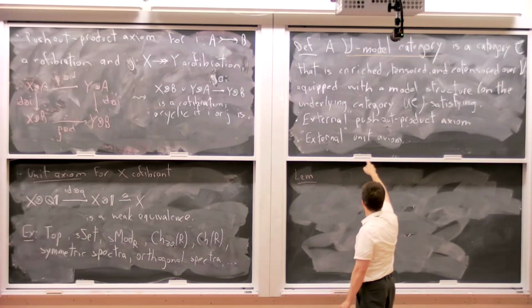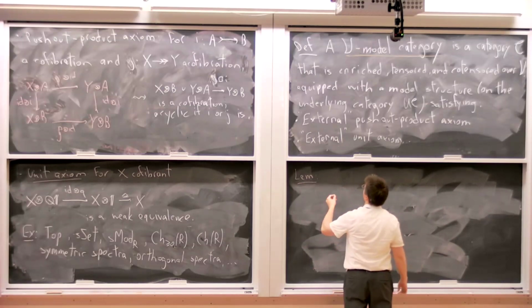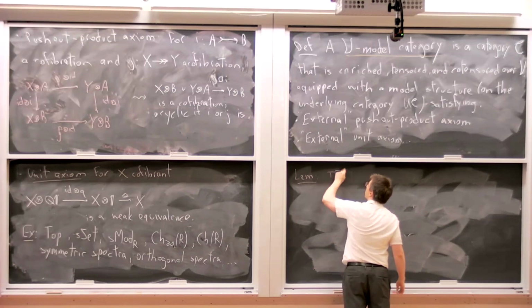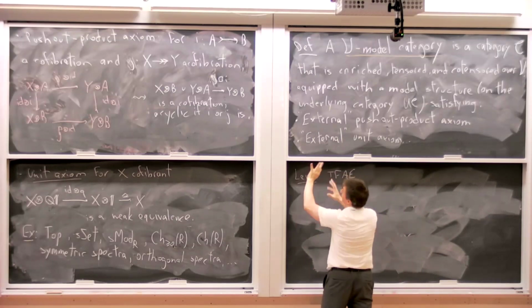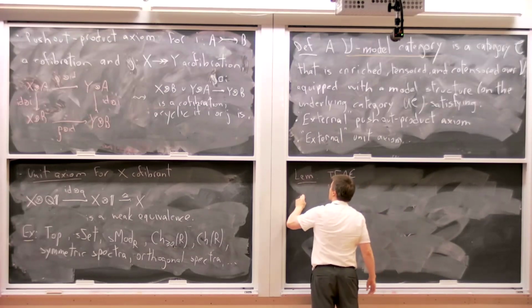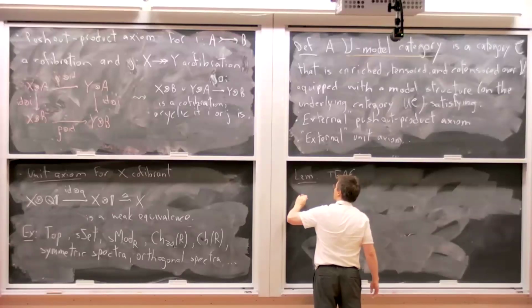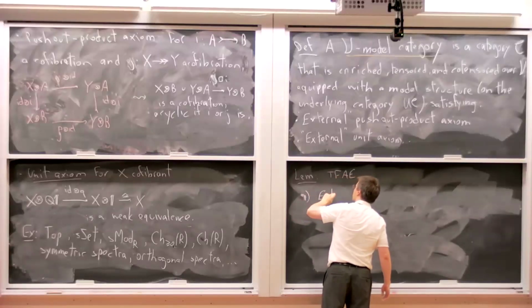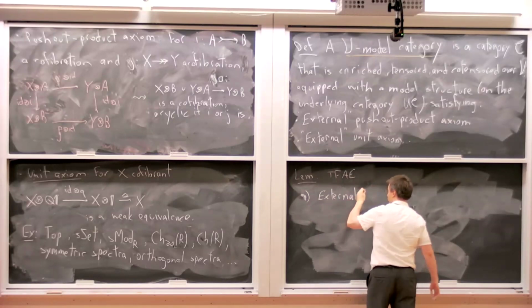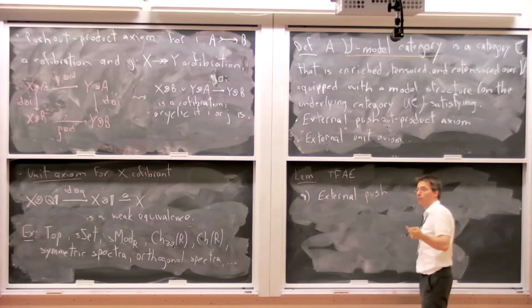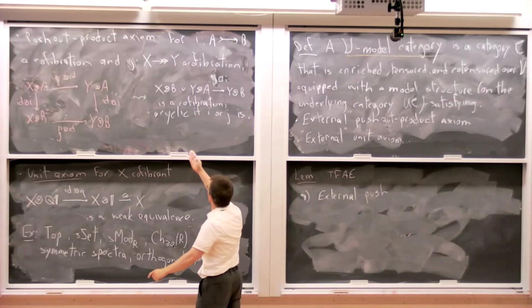You can reformulate this external push-out product axiom following our equivalent in the setup we're looking at. External push-out product axiom, that's phrased in terms of tensoring. If you're allowed to tensor with objects in V, you can write down this map.